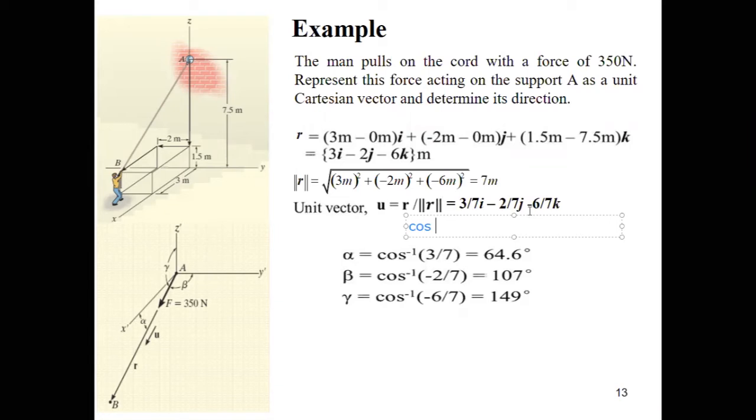I cannot write alpha, so I'm using A for alpha. Let us consider cos alpha equals 3 by 7. Cos beta, I'm taking B, equals minus 2 by 7.